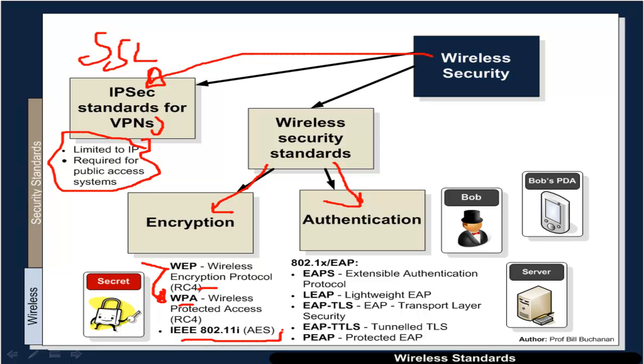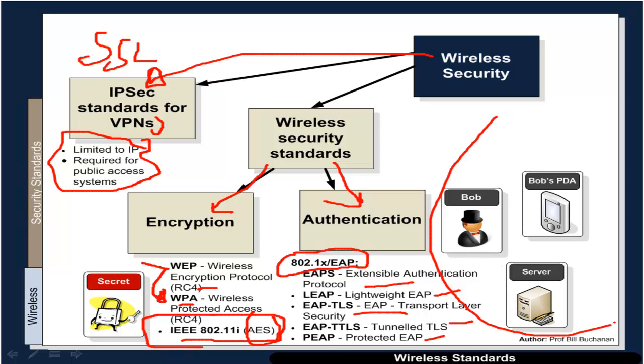But the future is towards robust block encryption using the AES standard. For authentication, we tend to now use the 1X or EAP framework, where we can get multiple different methods of authenticating devices and users onto a system. So this is just as important as this. If we can make sure that the two fit together, encryption and authentication, then we have a much better secure system.